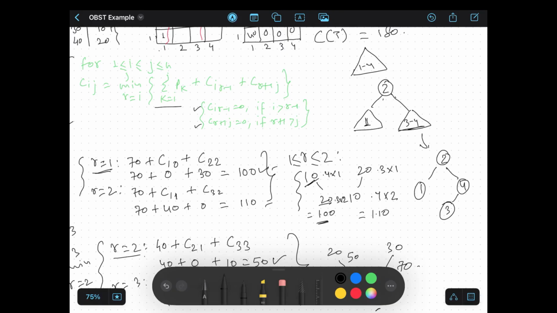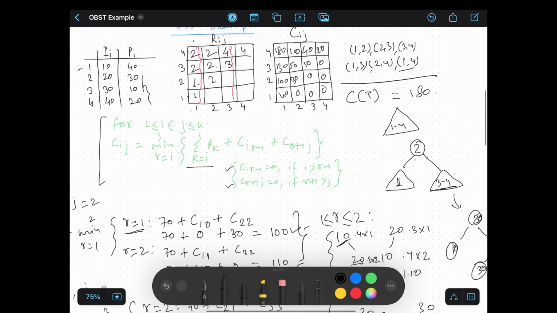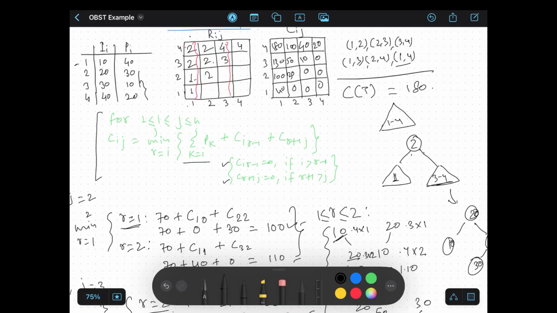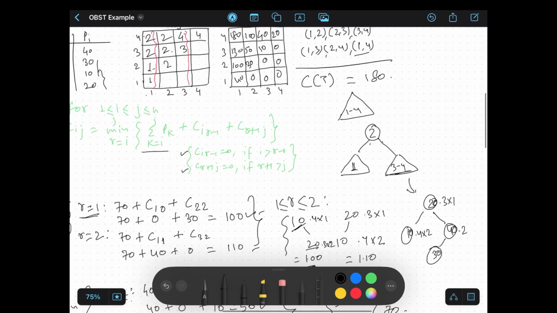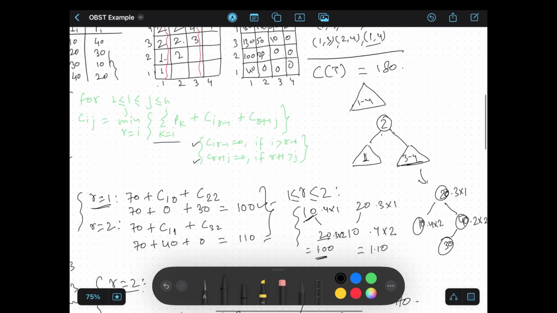Now if we want to put values instead of items, we can do that. Let's calculate. 20's probability is 0.3, times 1. The probability of 10 is 0.4 and its search time is 2. The probability of 40 is 0.2 and its search time is 2. The probability of 30 is 0.1 and its search time is 3.